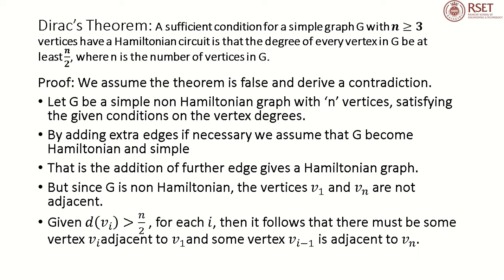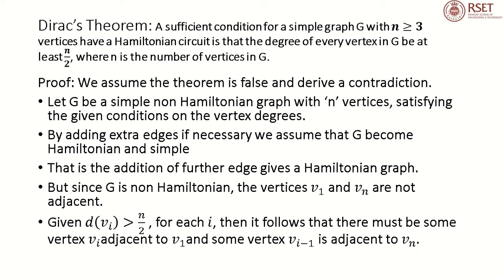A Hamiltonian circuit is a connected graph defined as a closed walk that travels every vertex of G exactly once except the starting vertex at which the walk terminates. Since it is assumed that G is non-Hamiltonian, we add extra edges to become a Hamiltonian and simple graph. That is, the addition of further edges gives a Hamiltonian graph.